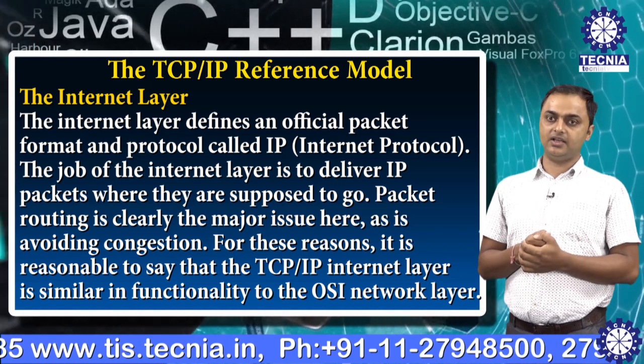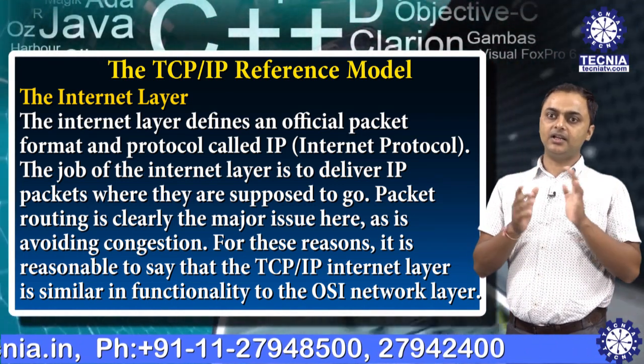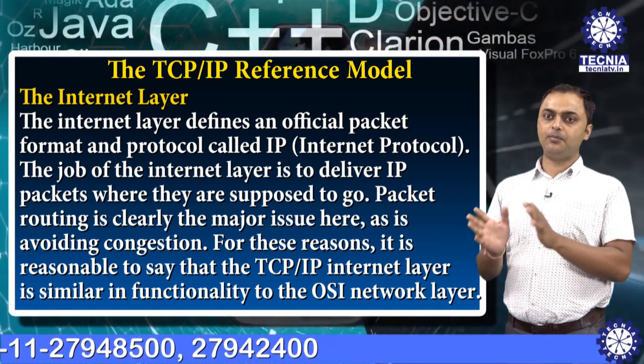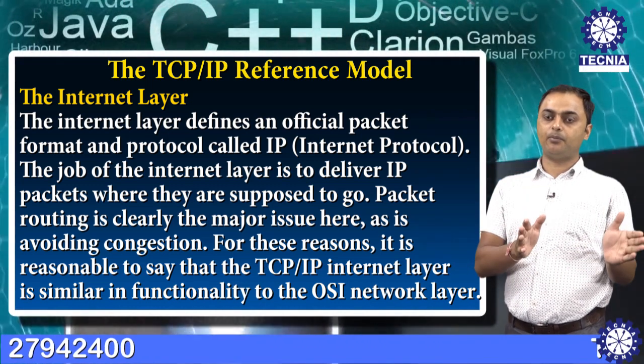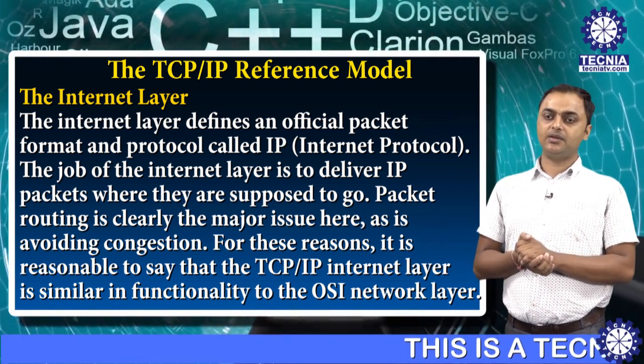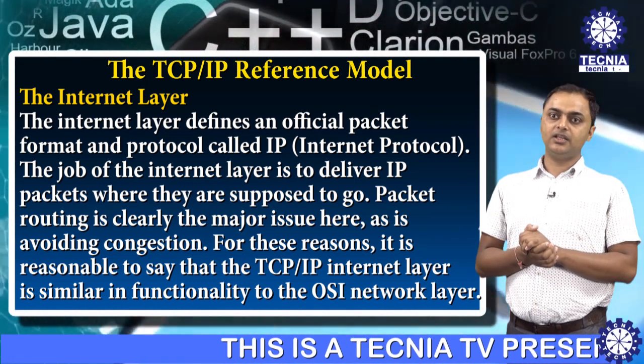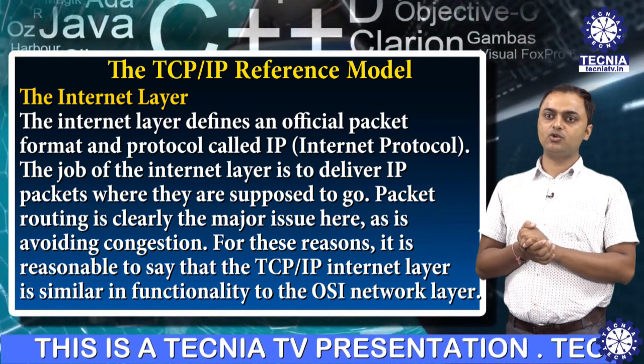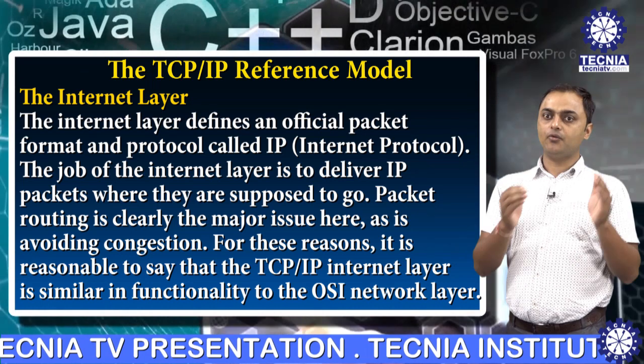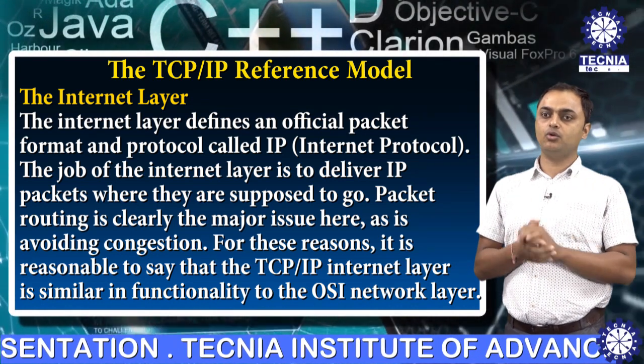First one is the internet layer. The internet layer defines an official packet format and protocol called IP, that means Internet Protocol. The job of the internet layer is to deliver IP packets where they are supposed to go.